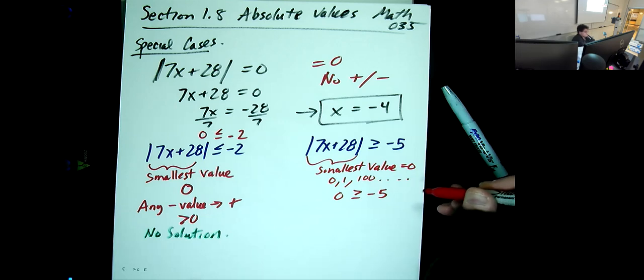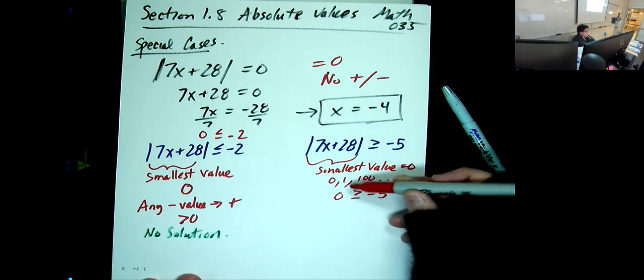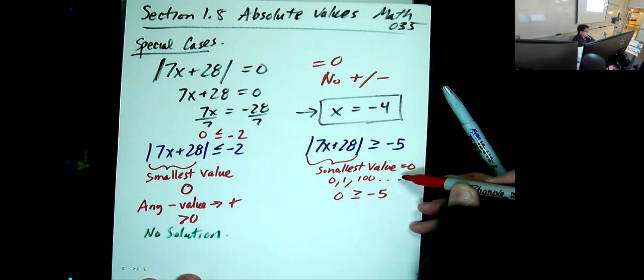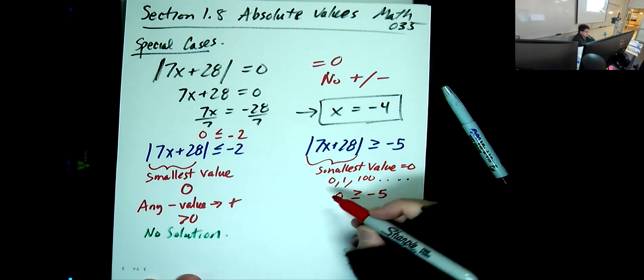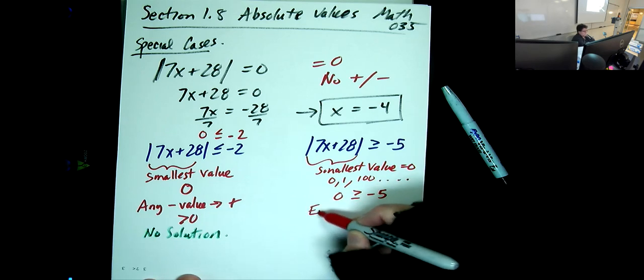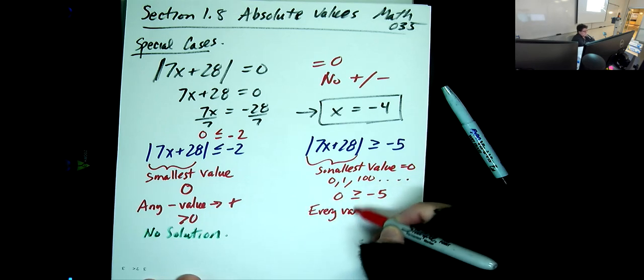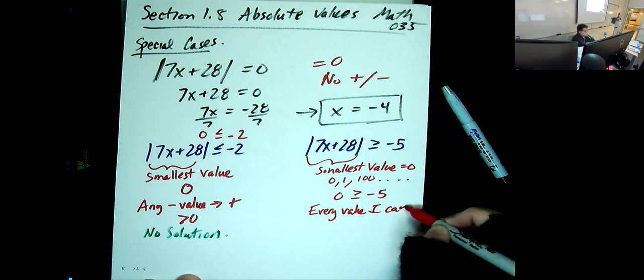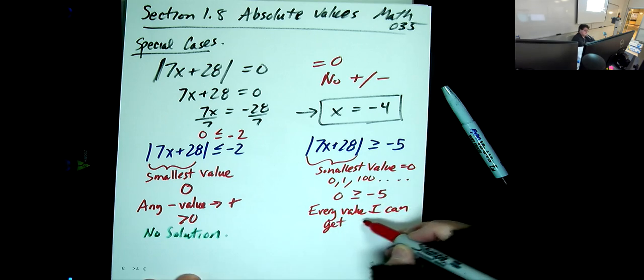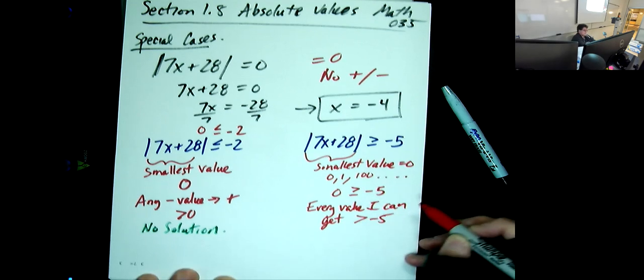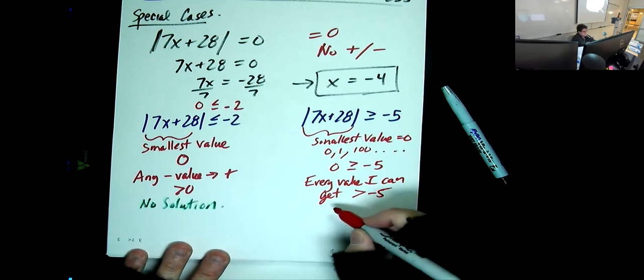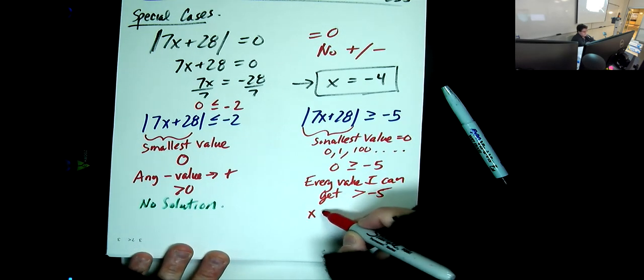That's a true statement, which means every number larger than it is also a true statement. So every value I can get is greater than -5, which means x is any number.